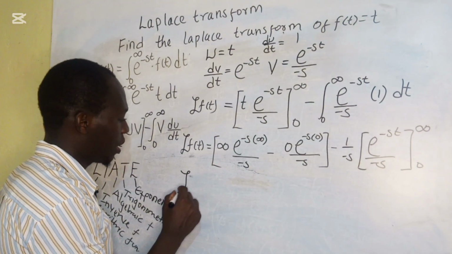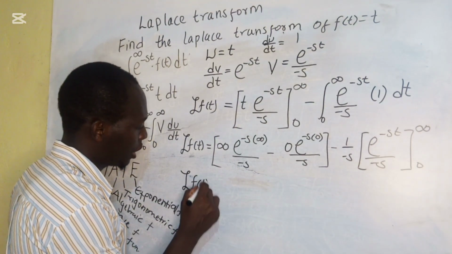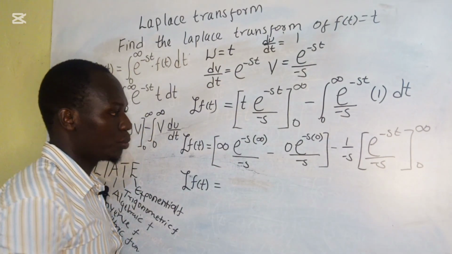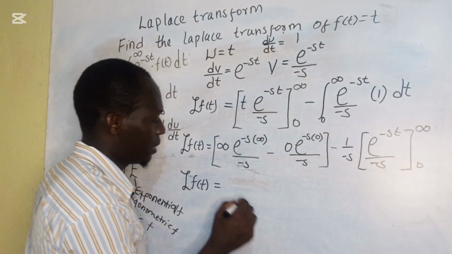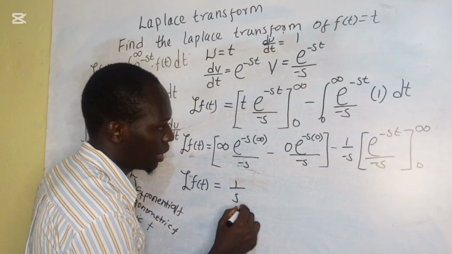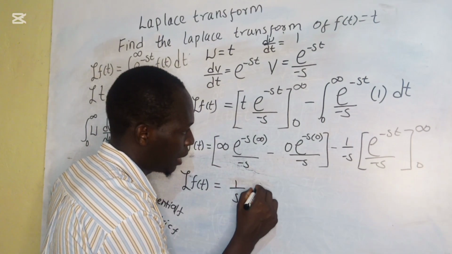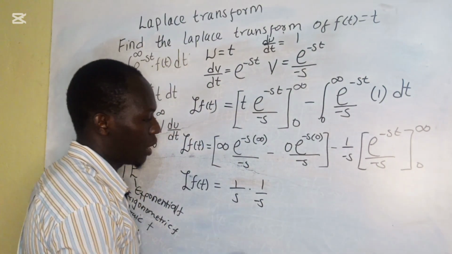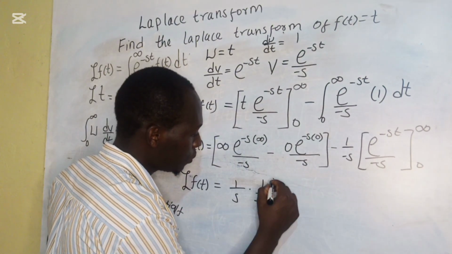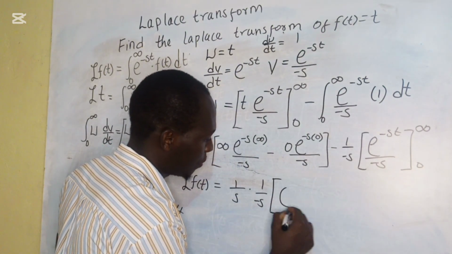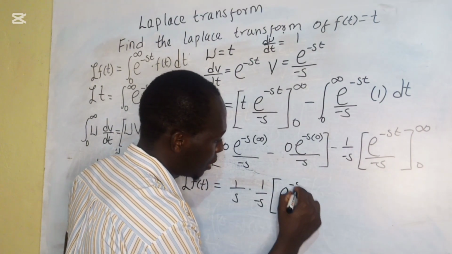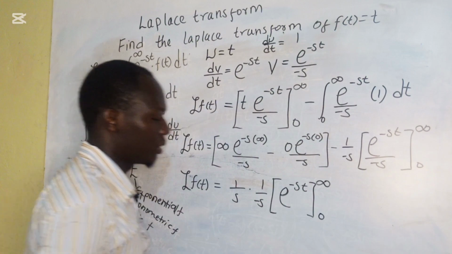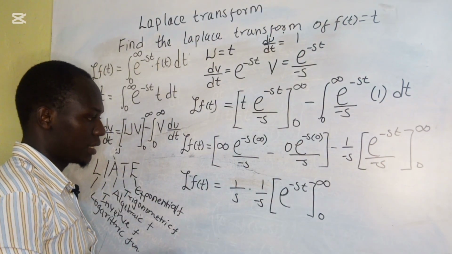This means the Laplace transform of our function f of t is going to be equal to, these two will cancel out to be a 0. This one multiplied by this, we are going to have 1 all over s. We multiply by 1 all over negative s. We factor out that, and we get exponential negative st, and our integration is with respect to the class limit.